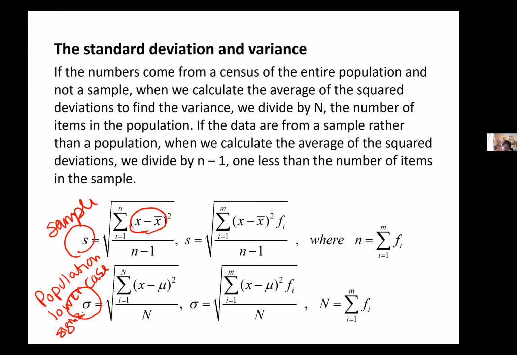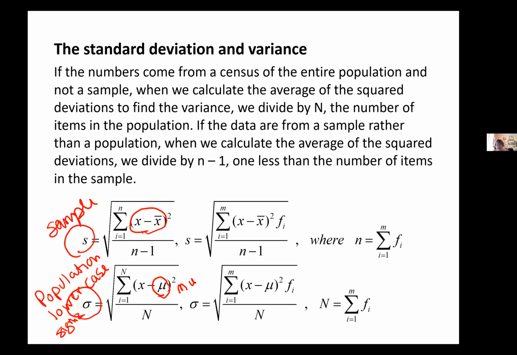How many Greek letters can you have? We have this Greek letter here, which is mu, and mu represents a population mean. So if you know your data is a population, the mean is represented by the Greek letter mu.